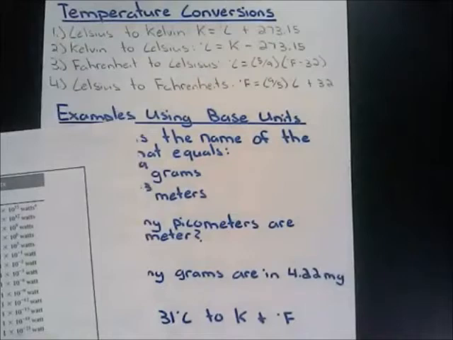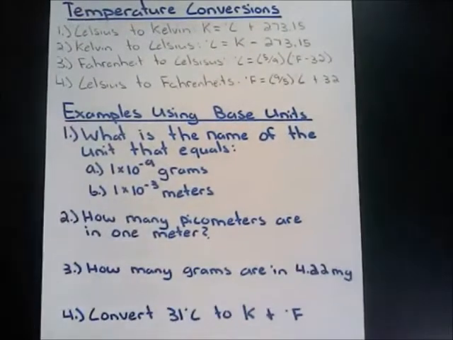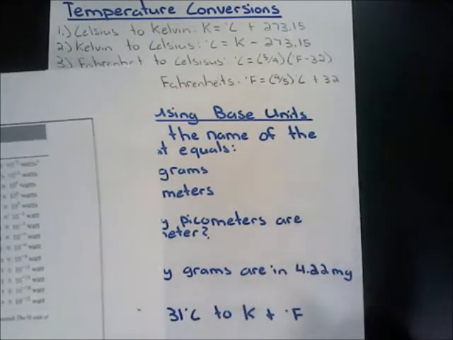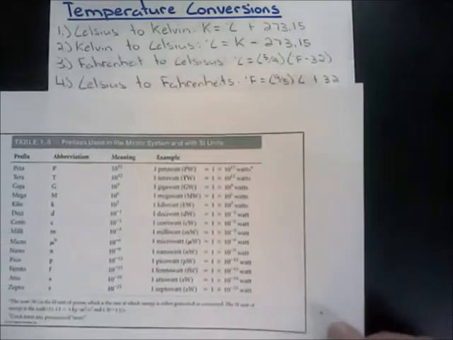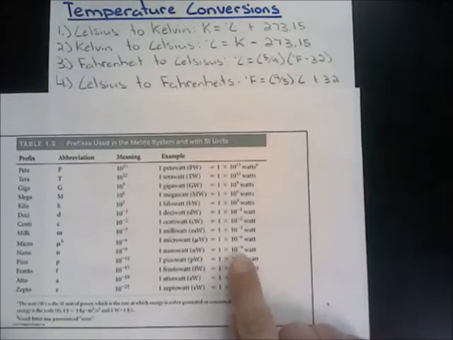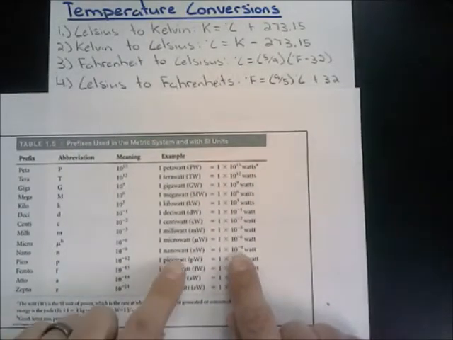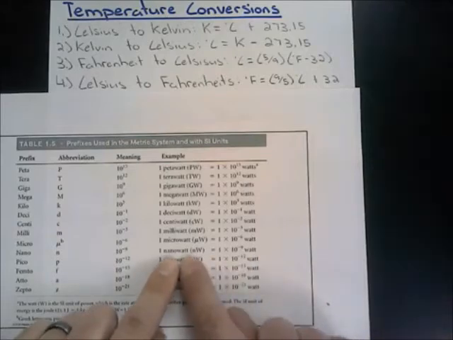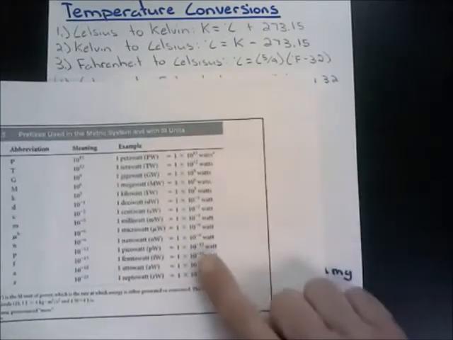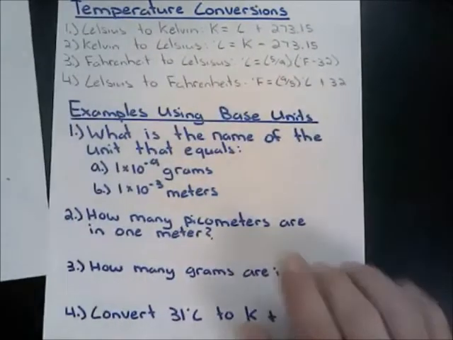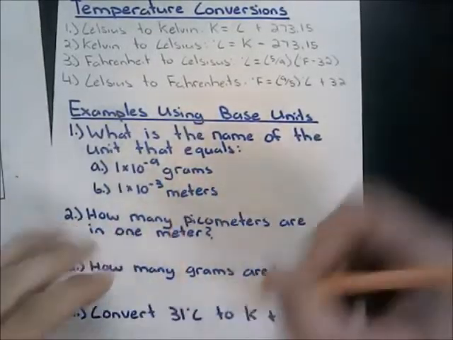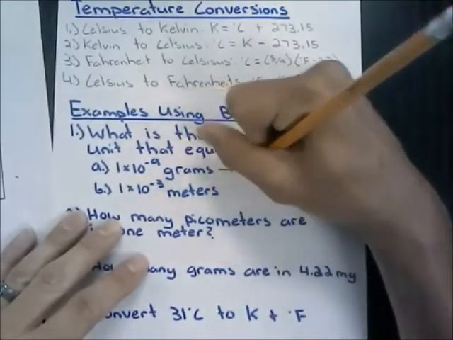So in our conversion sheet that I gave you in these notes, what we're going to do is find 1 times 10 to the negative 9 unit, and then over there it says that is equal to a nano unit. So because it's 1 times 10 to the negative 9th of a gram, this is equal to a nanogram.